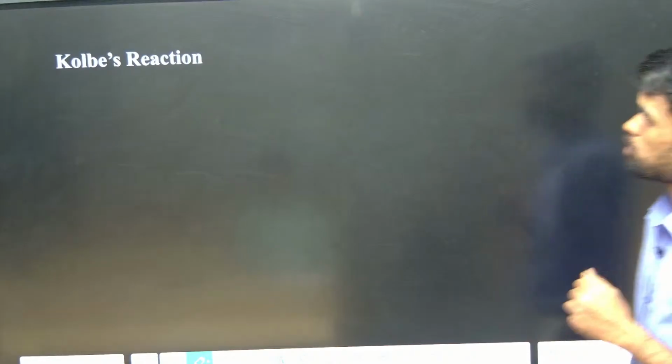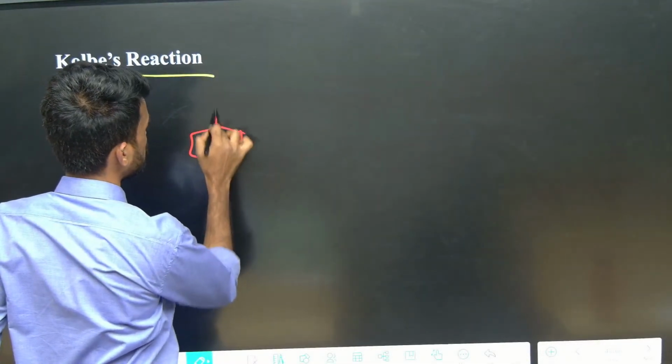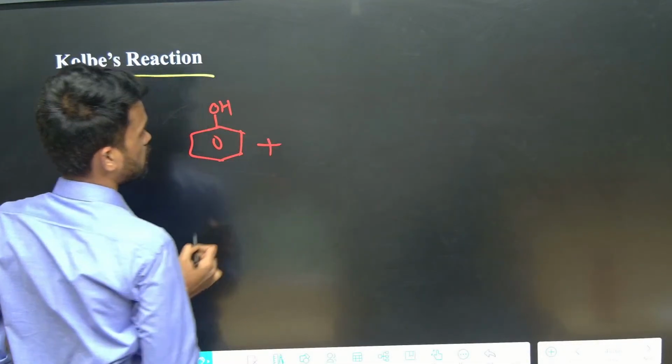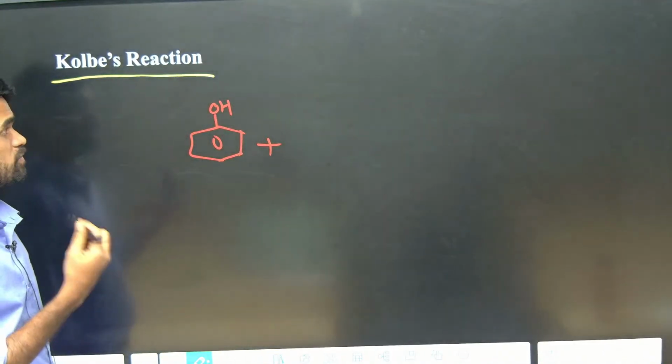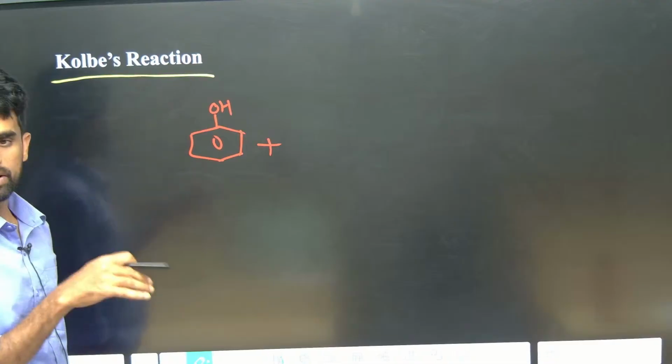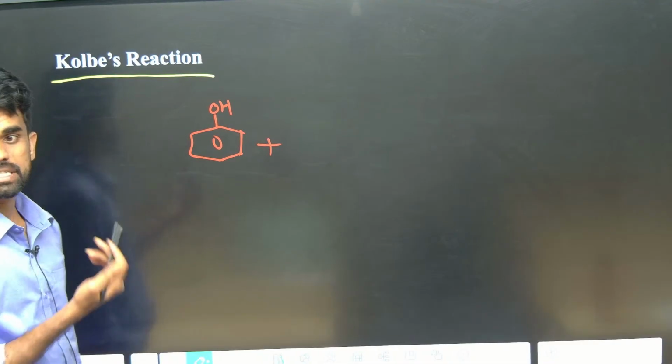Now what about the Kolbe reaction here? What does the Kolbe reaction say? Phenols are treated with, first of all, an alkali like NaOH. Now it will be converted into phenoxide ion.